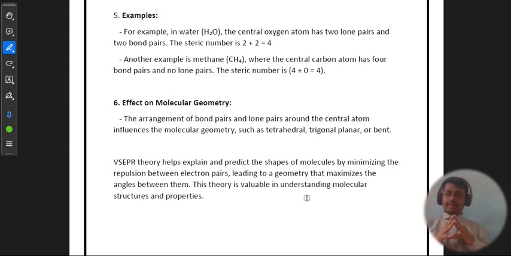Some examples are the tetrahedral geometry, the trigonal planar geometry, and the bent geometry. VSEPR theory helps explain and predict the shape of a molecule by minimizing the repulsion between the electron pairs. So, in this theory, the lone pairs will basically be put at such an angle that the repulsion will be minimal.